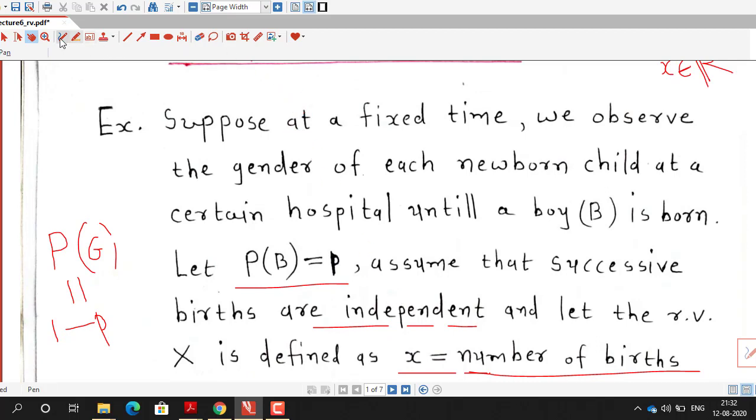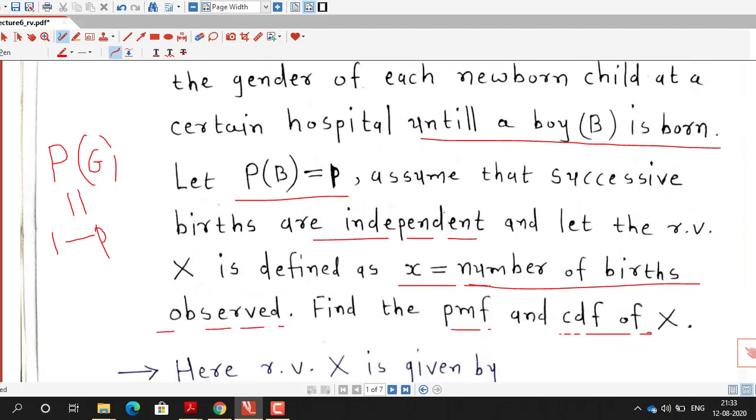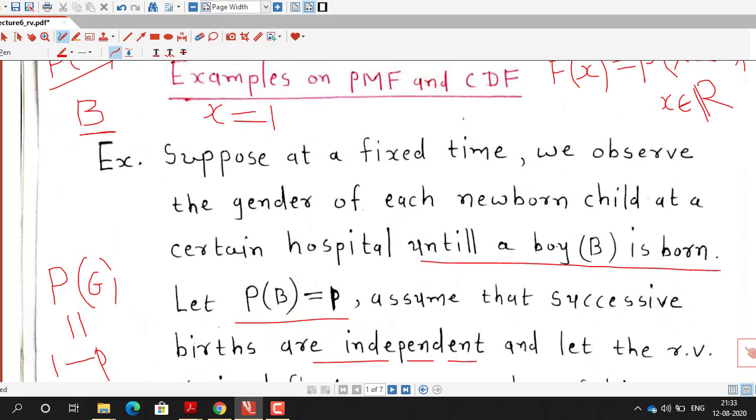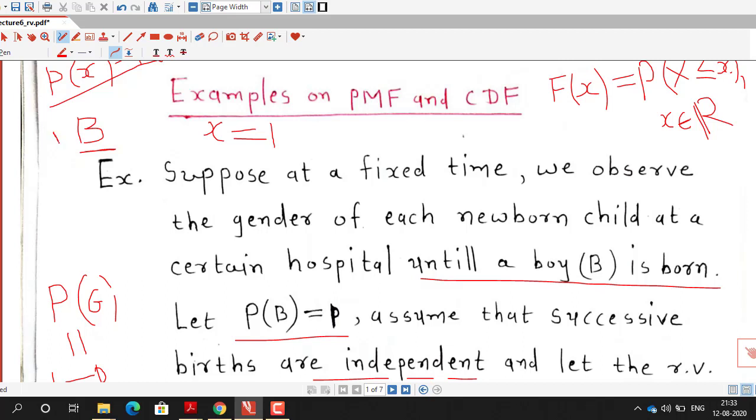So if the first newborn child is a boy, the possible value of x is 1.